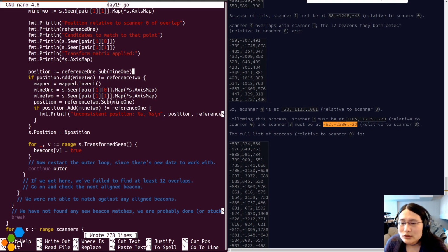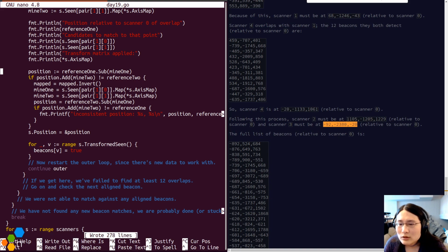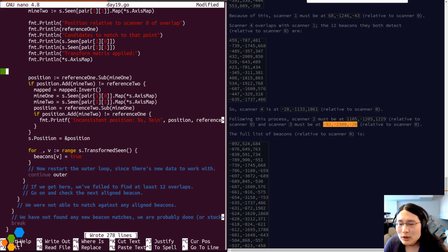All right, let's try this. Maybe it's possible that I need to try both inverted and non-inverted. Yeah, okay, I think that might be it. The inverse of a rotation matrix is its transpose, yes. We're going to try this.